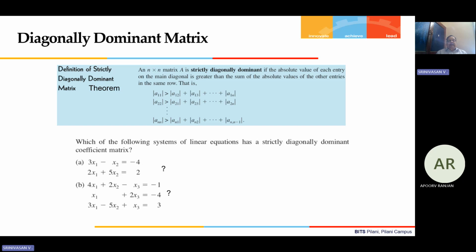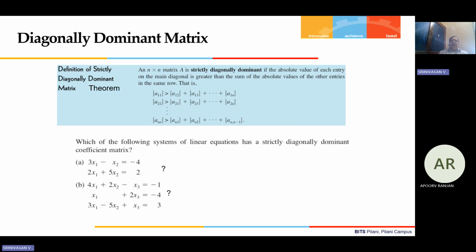An n by n matrix A is called strictly diagonally dominant if the absolute value of each entry on the main diagonal is greater than the sum of the absolute values of the other entries in the same row. That's why sometimes they will specifically say strictly diagonally row dominant matrix. Otherwise, it is understood that we consider row wise.